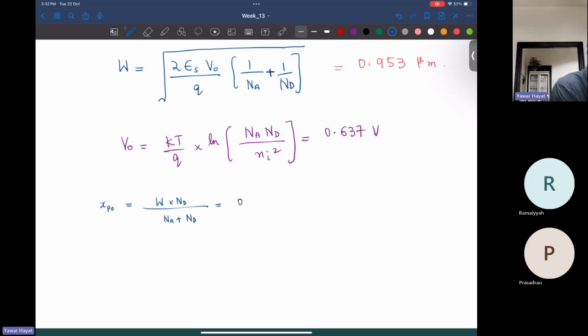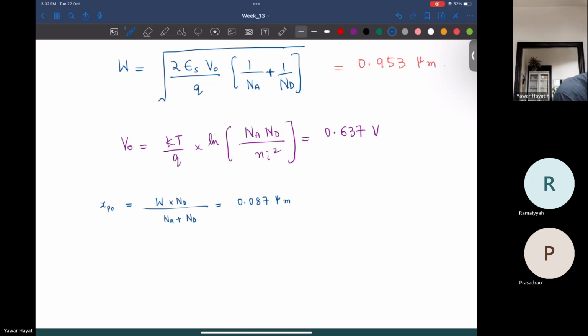You'll obtain 0.087 micrometer, right? Verify that.